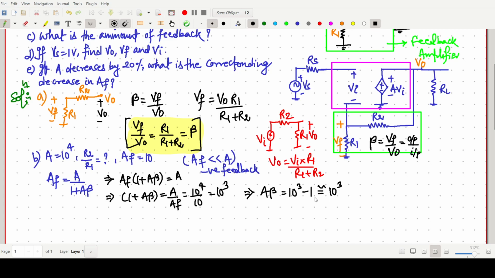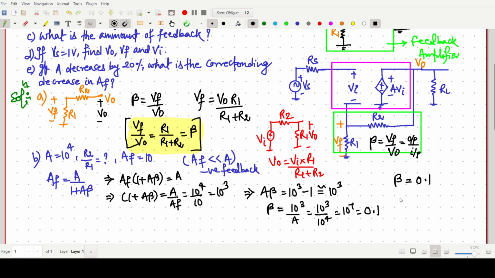Now beta is 10 to the power 3 by A, and A is 10 to the power 4. So it is 10 to the power minus 1, or better to write 0.1, the approximate value. So we have calculated the beta value 0.1 from this expression.